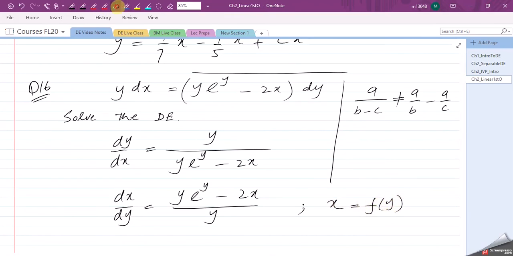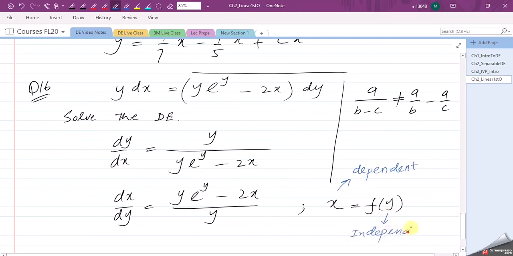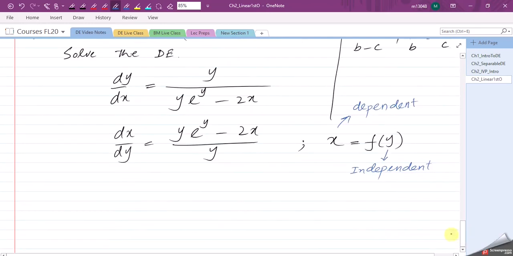So our dependent variable is x, and the independent variable is y. Now, can we split? Of course we can split. (a minus b) over c equals a over c minus b over c.